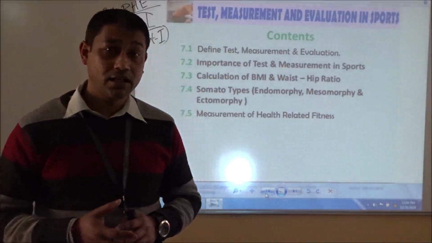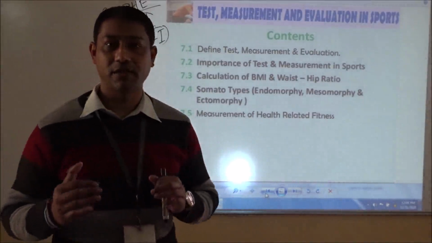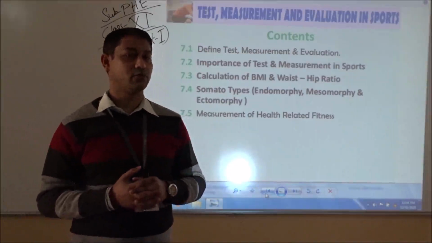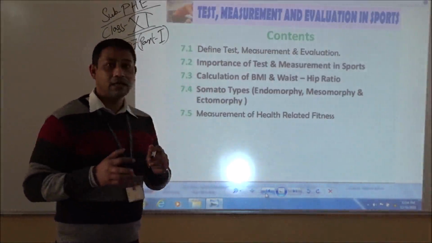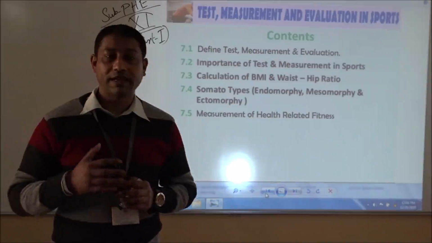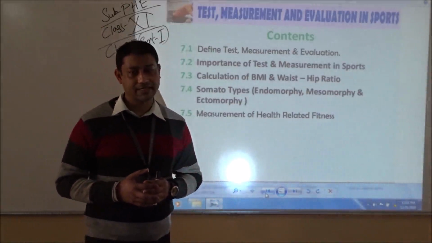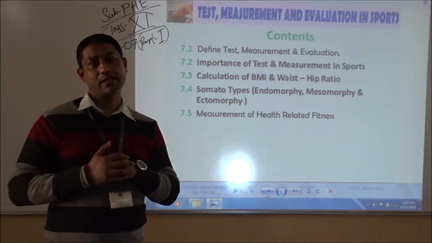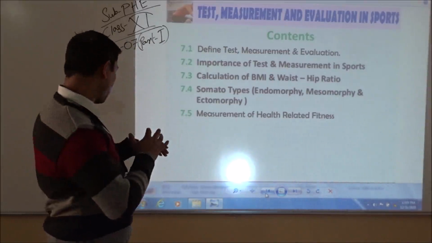Followed by that we will also be discussing the importance of test, measurement and evaluation in games and sports. Third, we will come to know how to calculate body mass index and waist hip ratio. So these 3 things we will be discussing in the first part.